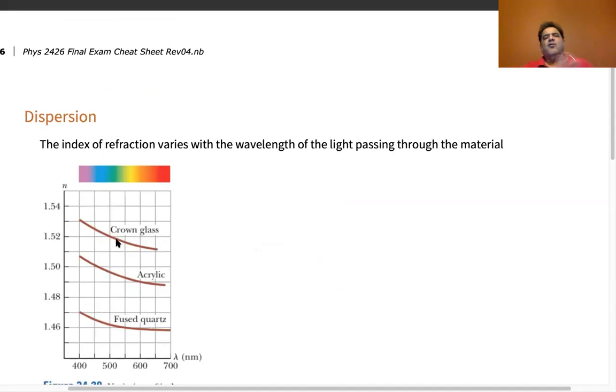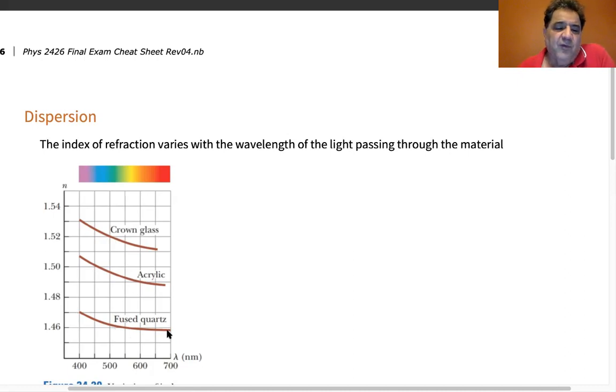Dispersion. The index of refraction varies with the wavelength of the light passing through the material. We had an example, or I think it was a quick quiz question, which would be best to use for a lens: crown glass, acrylic, or fused quartz. It would be the fused quartz, because you can see the difference.